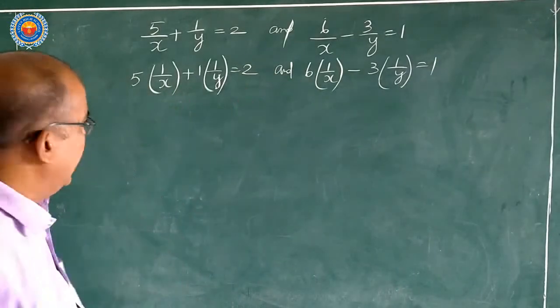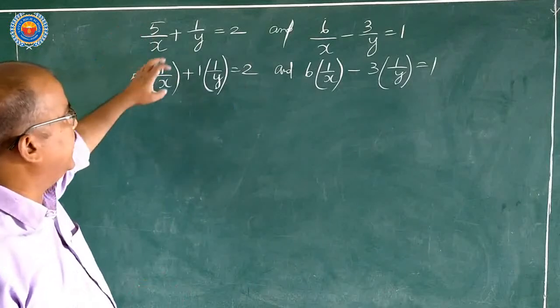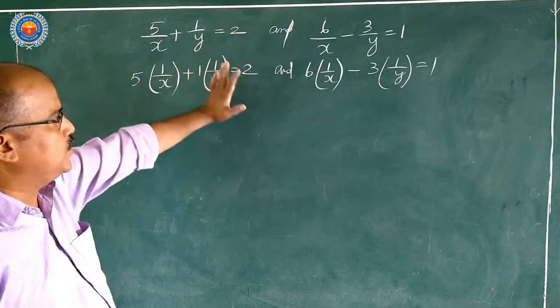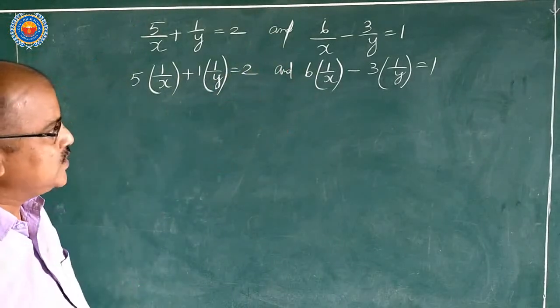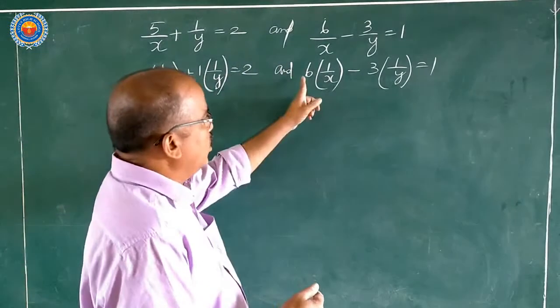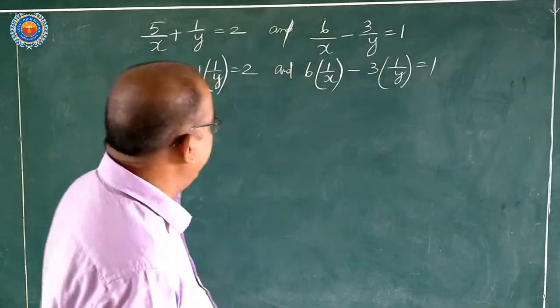Carefully write. Understand? So 5 into 1 by x plus 1 into 1 by y is equal to 2, and 6 into 1 by x minus 3 into 1 by y is equal to 1. If you want to multiply, 6 ones are 6 by x, 3 ones are 3 by y.